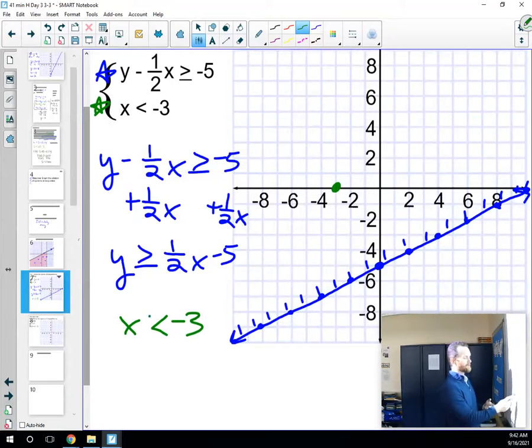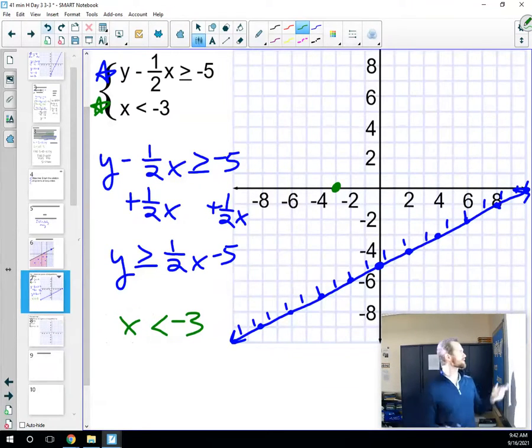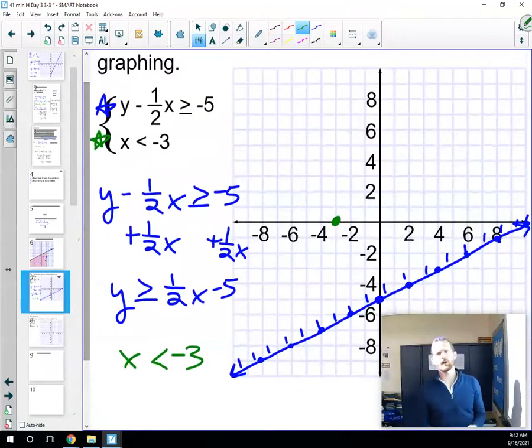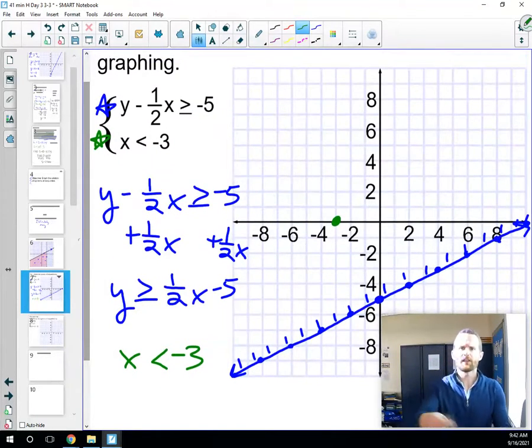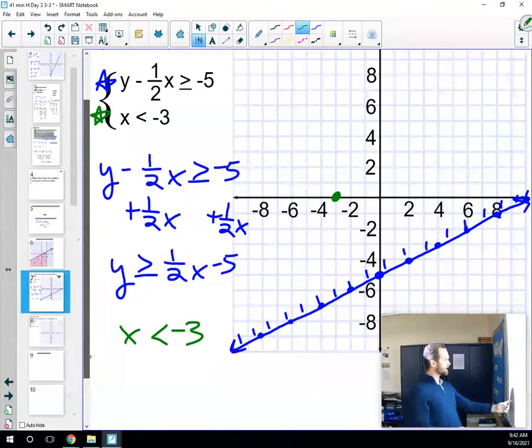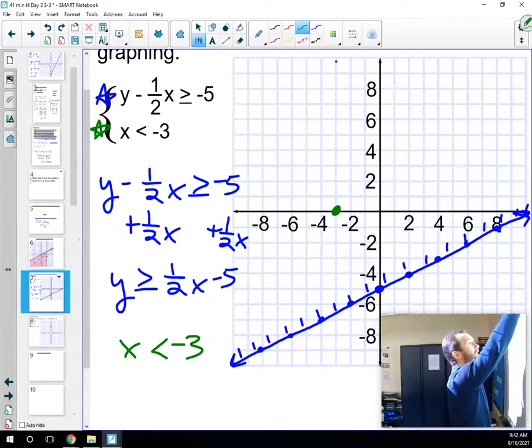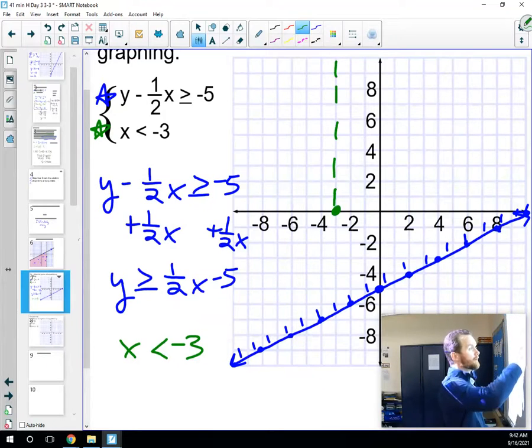And again, it's the x-axis because the one variable is x. If you remember, we talked about this in a previous video. Whenever it's a vertical or horizontal line, we cut across the axis we're on. Since we're on the x-axis, we cut across it vertically. That's the only way to cut the x-axis vertically. And it's going to be just less than, not or equal to, so it's a dotted line. Put a dotted line there, going vertical.